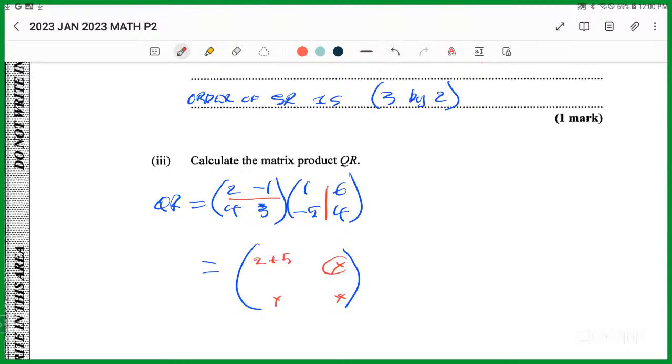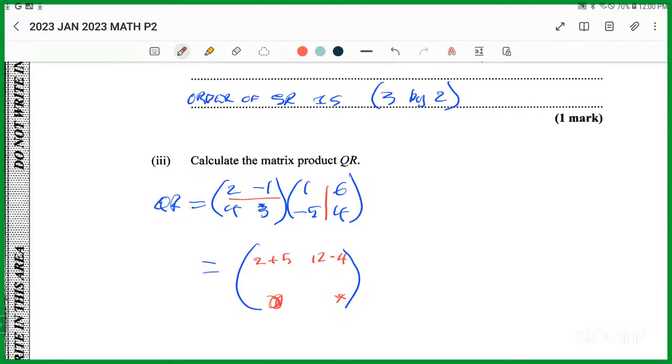And the value over here is the first row, second column value. So using this first row with this second column. Again, first element times first element, second element times second element. 2 times 6, minus 1 times 4. 2 times 6 is 12. Minus 1 times 4 is minus 4.